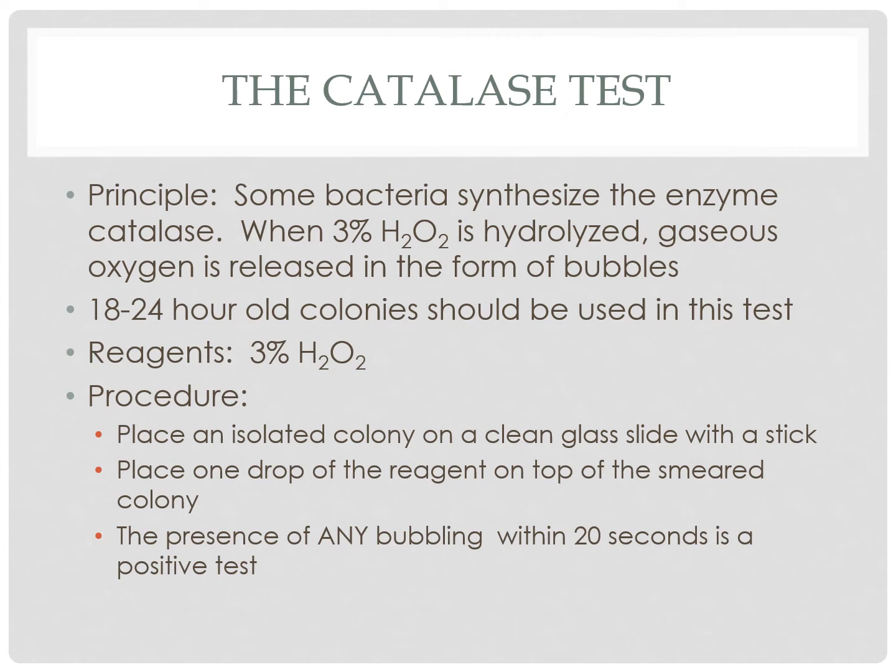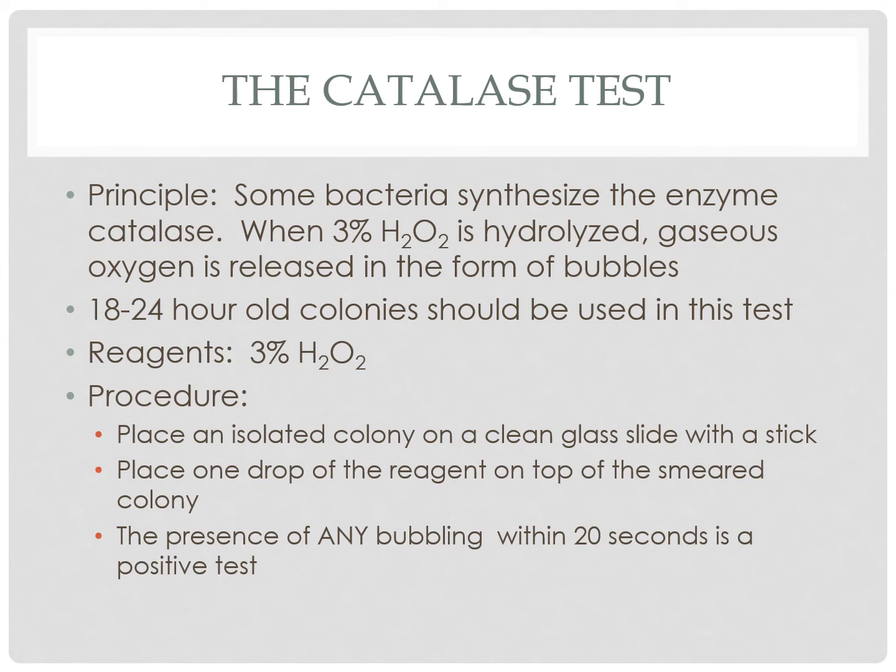Now, the catalase test, the principle is this. Some bacteria synthesize the enzyme catalase. When 3% hydrogen peroxide is hydrolyzed, gaseous oxygen is released in the form of bubbles. So in other words, if you smear your colony isolate on a slide and then you add a drop of hydrogen peroxide, if it bubbles, that means that you're dealing with a Staphylococcus.